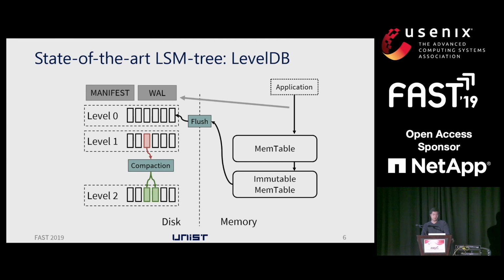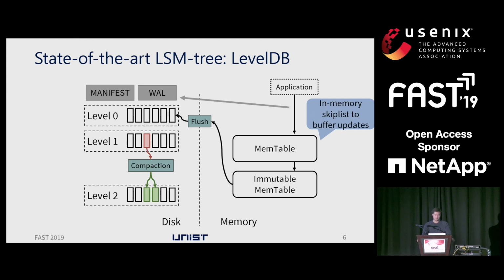The state-of-the-art LSM-tree implementation is Google's LevelDB. Here, the mem table and immutable mem table work as component 0 from the LSM tree. All the updates go to the in-memory buffer, the mem table, which is implemented as a skip list data structure.